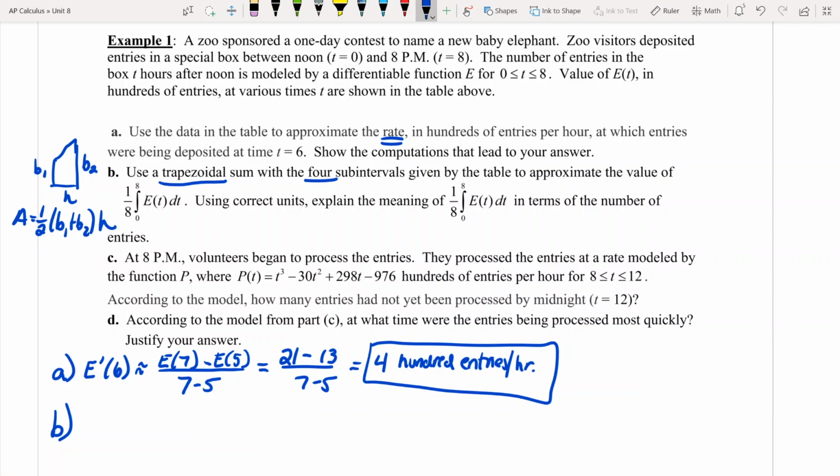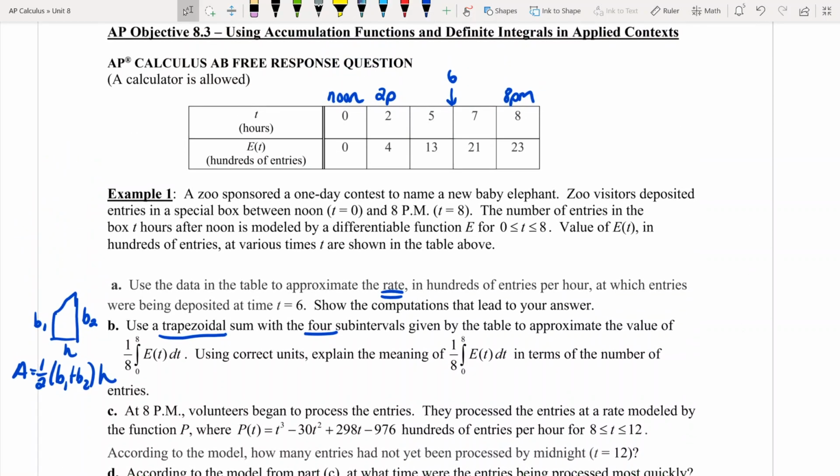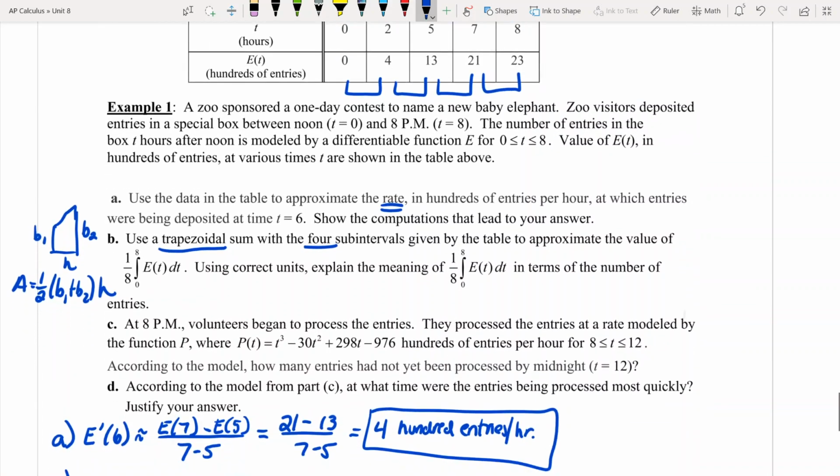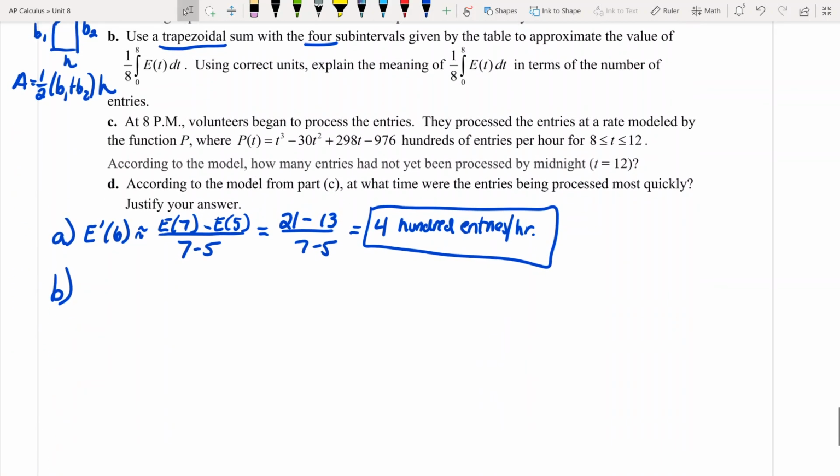So I'm going to head back to the top here, and my 4 areas I'm looking at are going to be from 0 to 2, 2 to 5, 5 to 7, and 7 to 8. So I'm going to create my 4 trapezoidal sums using that. So we want to approximate 1/8 times the integral from 0 to 8 of E of t dt using trapezoidal sums.